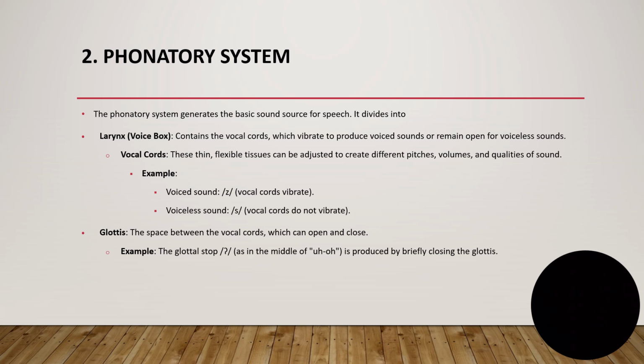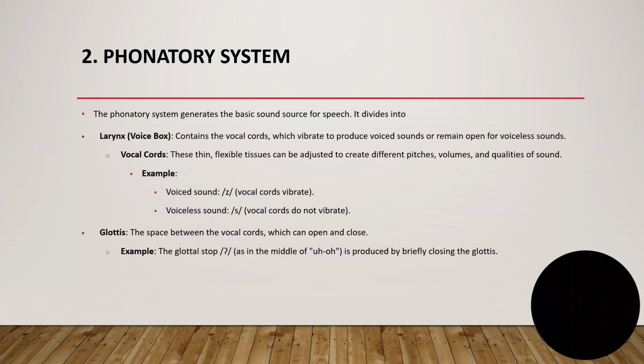The vocal cords, these thin, flexible tissues that can be adjusted to create different pitches, volumes, and qualities of sound. For example, the voiced sound z, vocal cords vibrate here, z. The voiceless sound s, vocal cords do not vibrate.